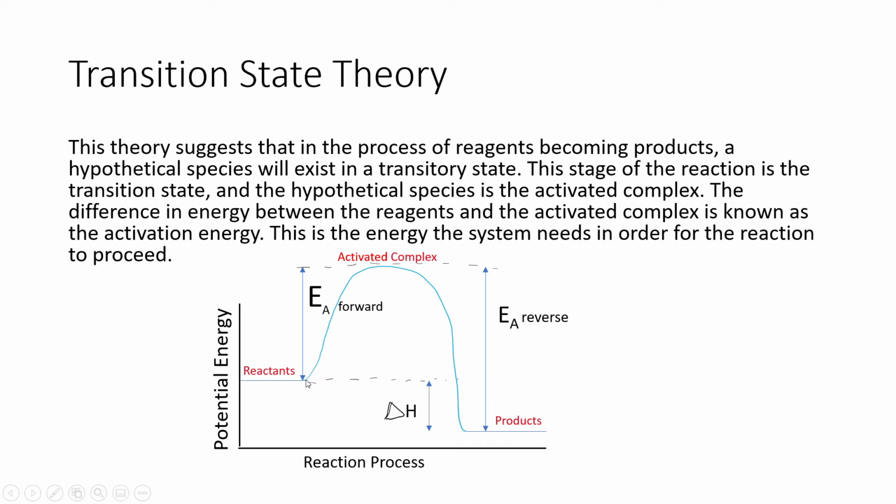For the forward reaction, it takes however much energy to reach the activated complex, and because the products and reactants are at different energy levels, it will take a different activation energy depending on the direction of the reaction. So the activation energy is the energy that any reaction needs in order to proceed.